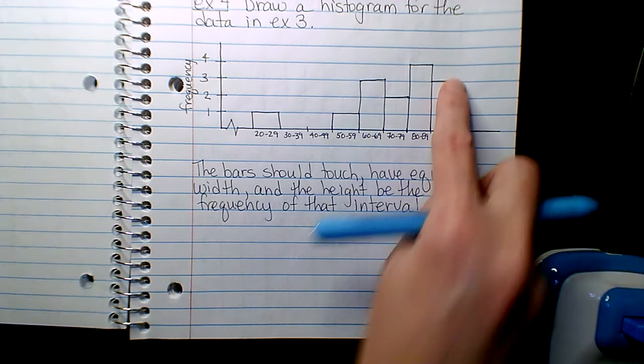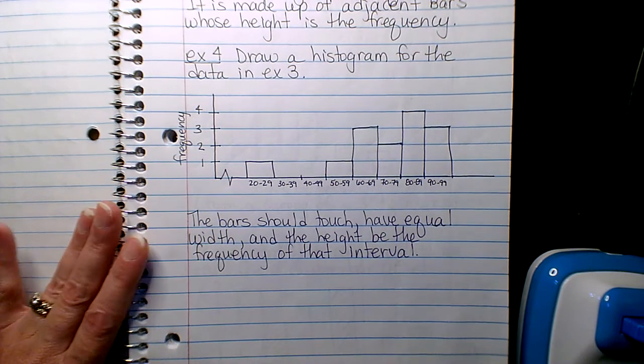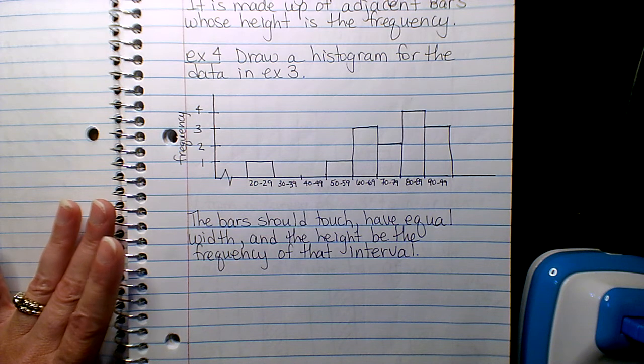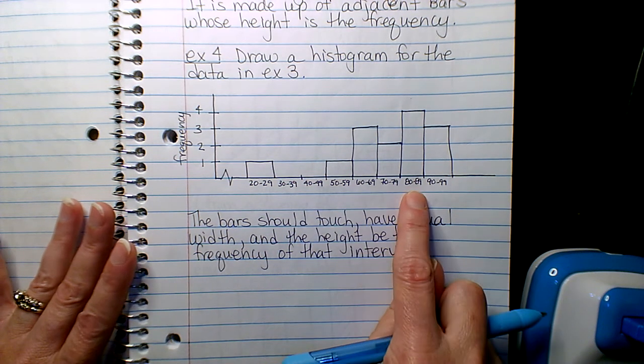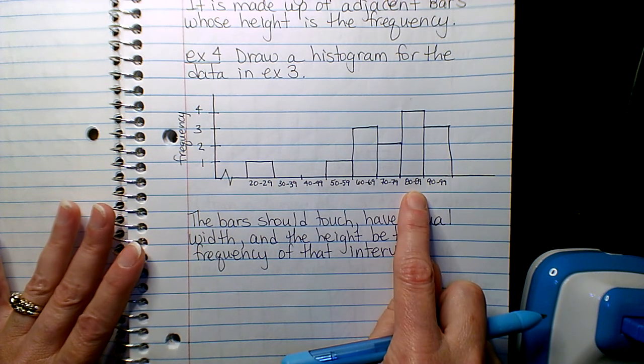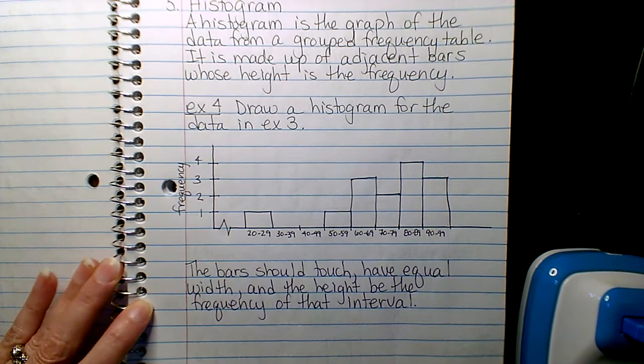And so on. The bars should all touch each other. They should have equal width, because the interval sizes are equal, and that represents the width. And the frequency, of course, is the height.